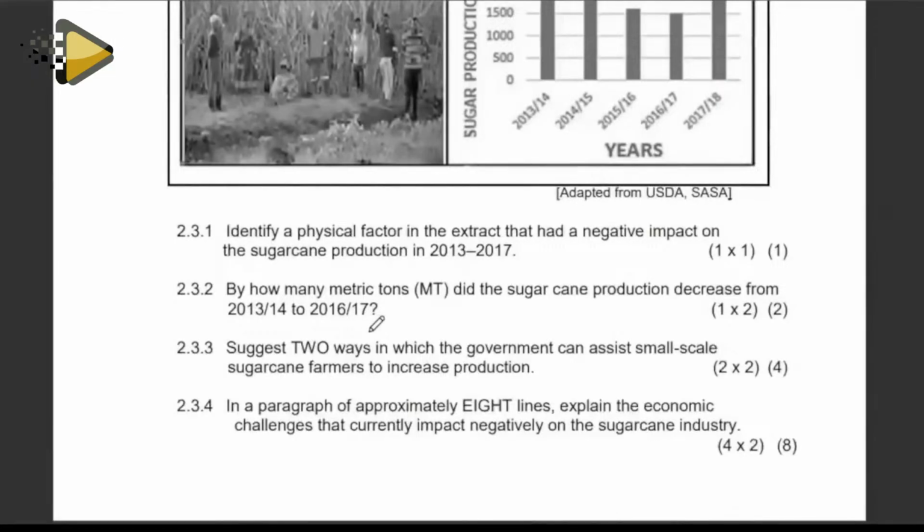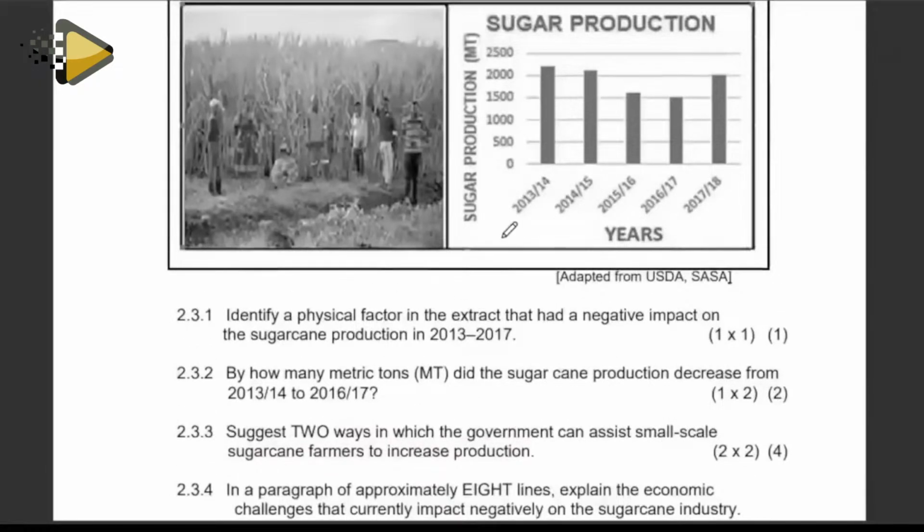By how many metric tons did the sugarcane production decrease from 2013-14 to 2016-17? If we check there, 2013-14, sugarcane production in metric tons was somewhere there. And going to 2016-17 is somewhere here, which is around 1,500. There is above 2,250.